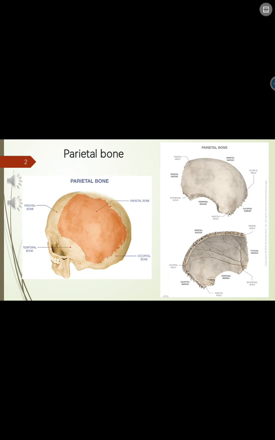In addition, a groove for the superior sagittal sinus lies along the sagittal border and is completed by the groove on the opposite parietal bone. In addition, a granular foveola for arachnoid granulation is on the internal surface of the parietal bone near the sulcus for the superior sagittal sinus.